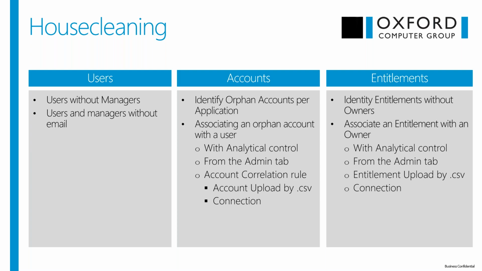So I got to make sure everyone has a manager that's going to be in the campaign. And I also want to make sure that these managers and anyone, if you're doing a user manager campaign or a self-certification, you got to make sure people have emails. If someone does not have an email, those communications that go out will never be received and people will not know that a campaign has started.